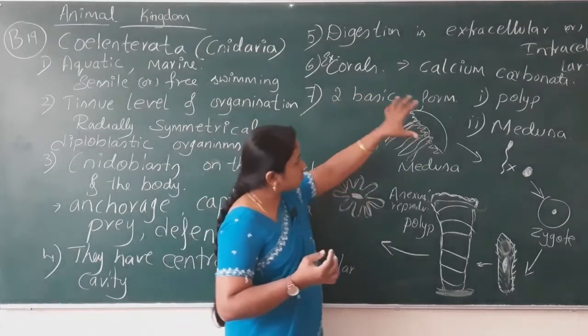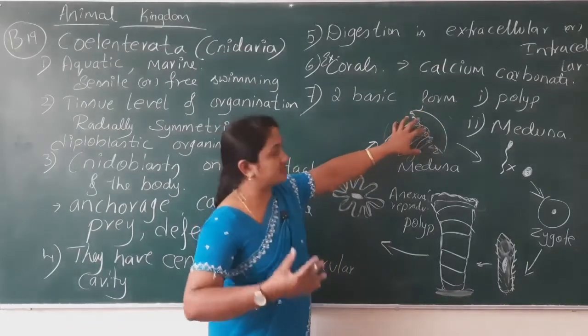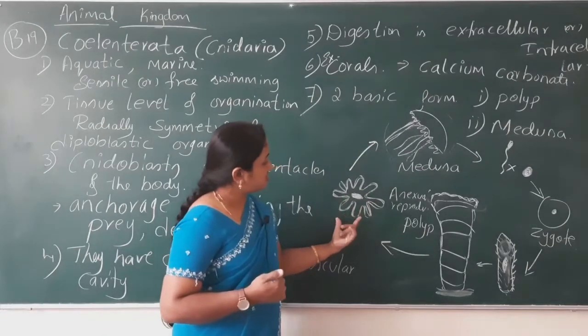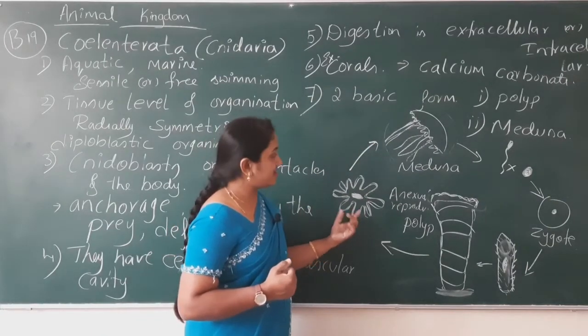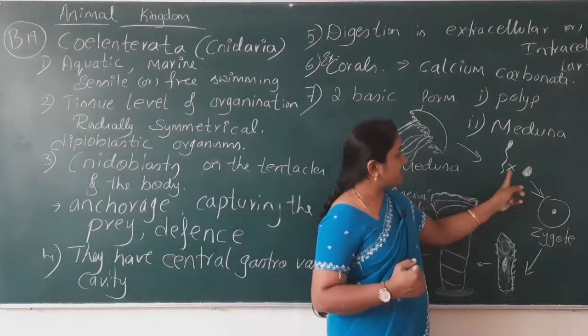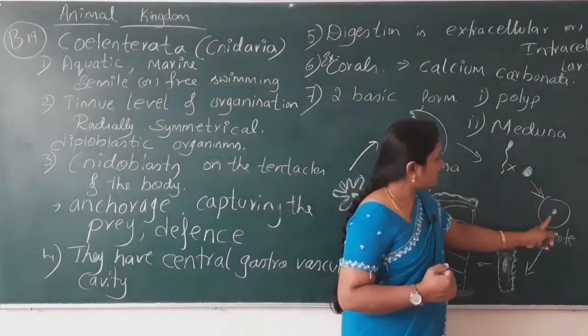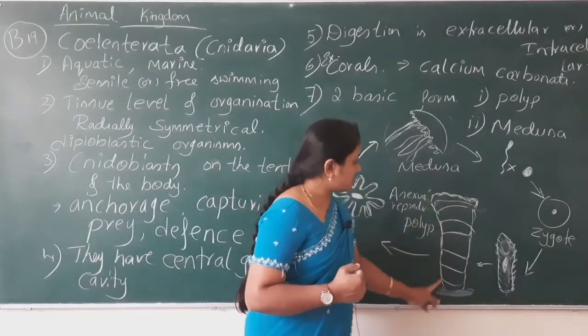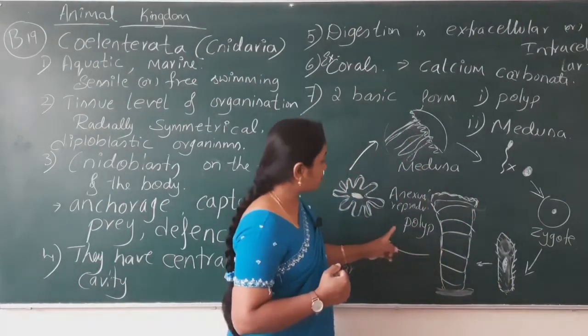When it matures and grows further, it becomes like this. So this is the juvenile stage of Aurelia, and then the adult form releases sperm and egg. After the fusion, it forms a sessile body known as polyp.